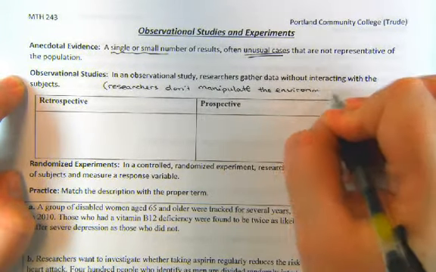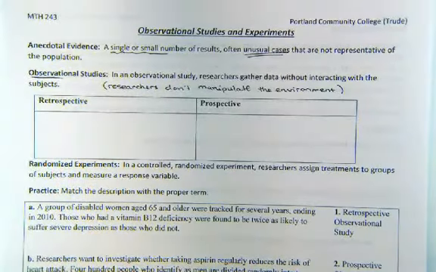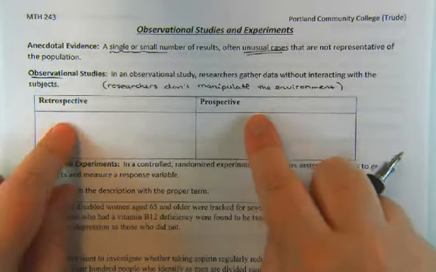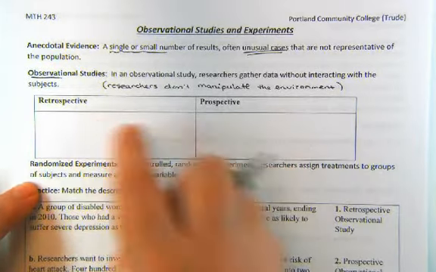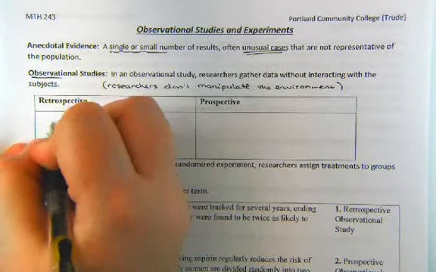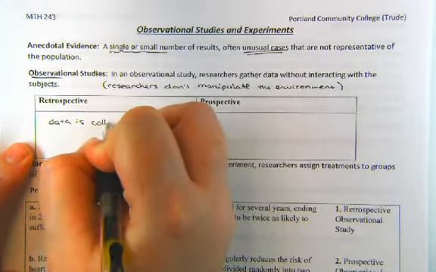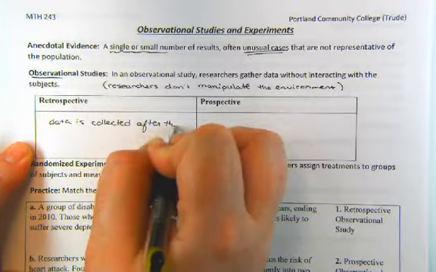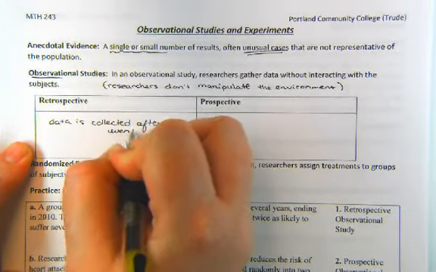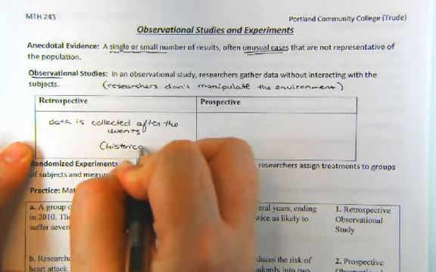And that's where we get into, is it retrospective or prospective? If it's retrospective, then the data is collected after the events. So this is like historical data. Looking back at data that's already occurred, then they're observing it, but it's after it all happened.